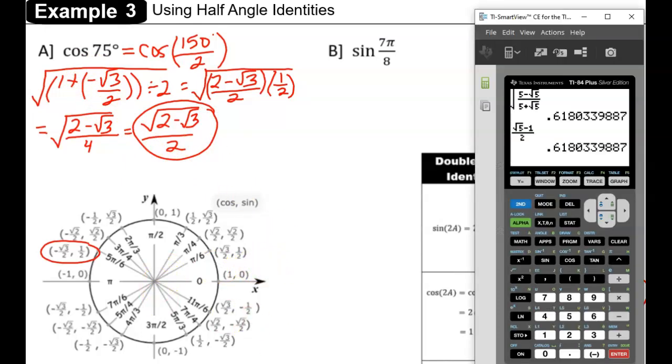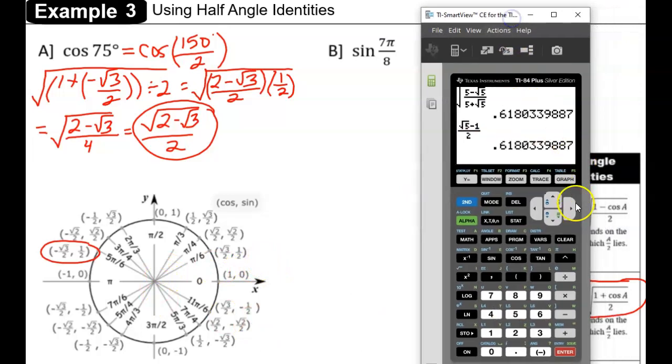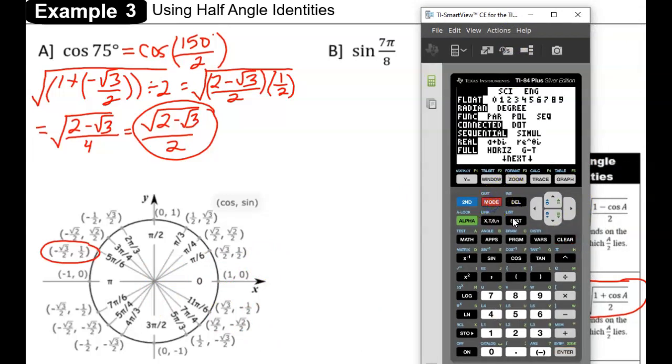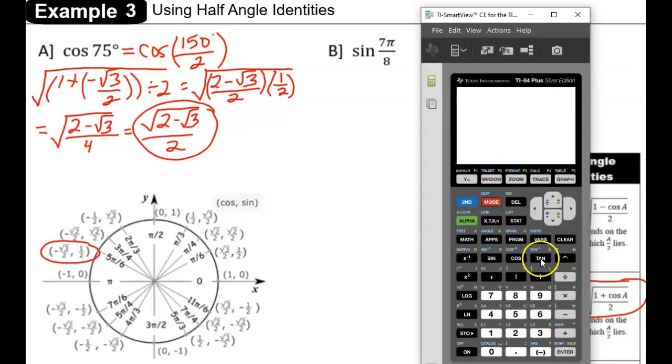I can check that in the calculator, making sure that I'm in degree mode. And I'm going to evaluate the cosine of 75 degrees in the calculator, and I'm going to compare that decimal approximation to the decimal approximation for the exact value that I just found.